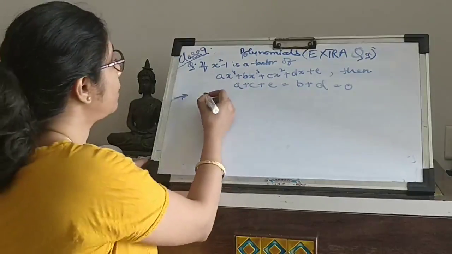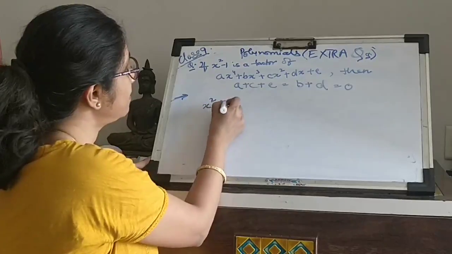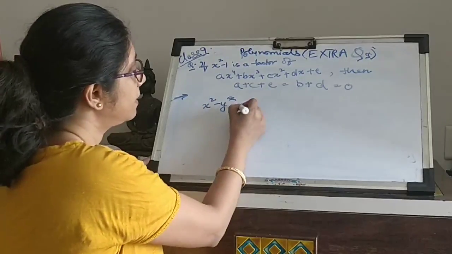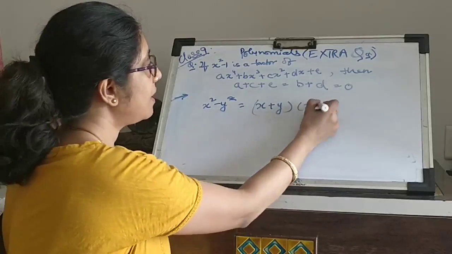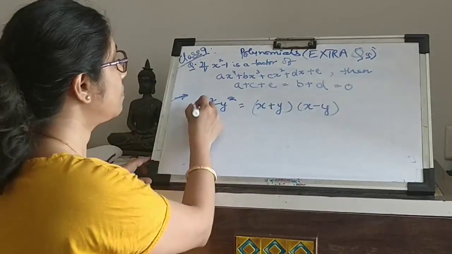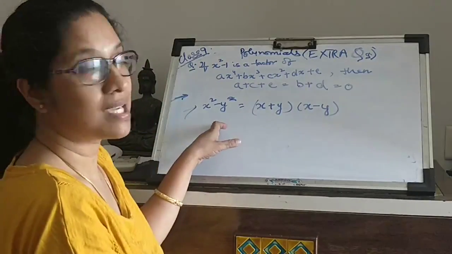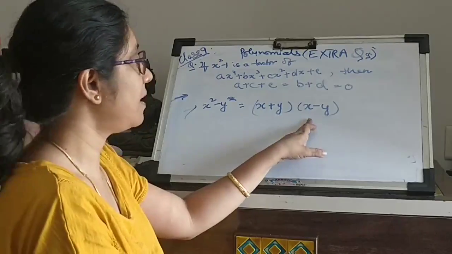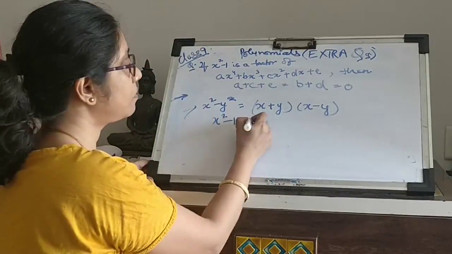Sorry for that. Let's just quickly go back to this. What is the formula of x square minus y square? It says x plus y, x minus y. That's what we know. That's the basic formula. Right? x square minus y square is x plus y, x minus y. So, extending it to x square minus 1, what do I get?